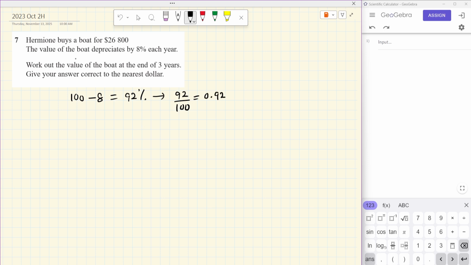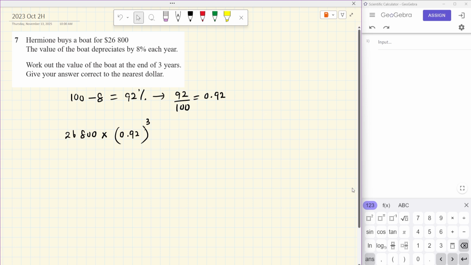This is compound percentage. So when you do compound percentages, we need the multiplier. This is our multiplier. Initial amount 26,800 into the multiplier, that is 0.92, to the power number of years, that is 3.